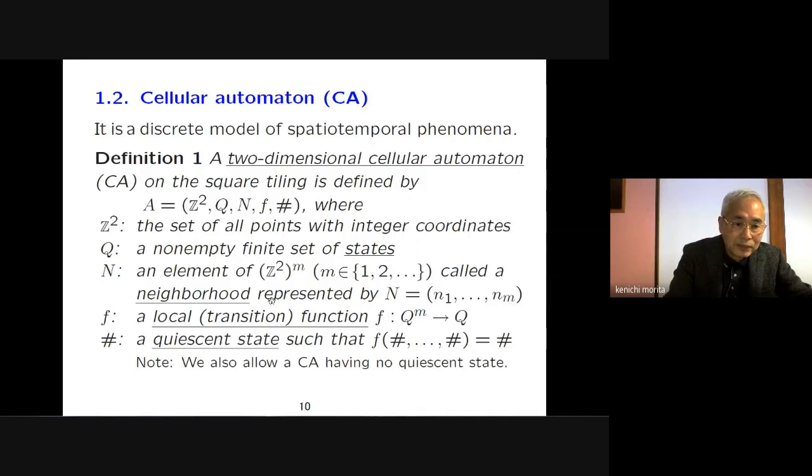Small f is a local transition function, or local function in short. This is a function from Q to the mth to Q. Sharp is a quiescent state that satisfies this equation. We also allow a cellular automaton having no quiescent state.